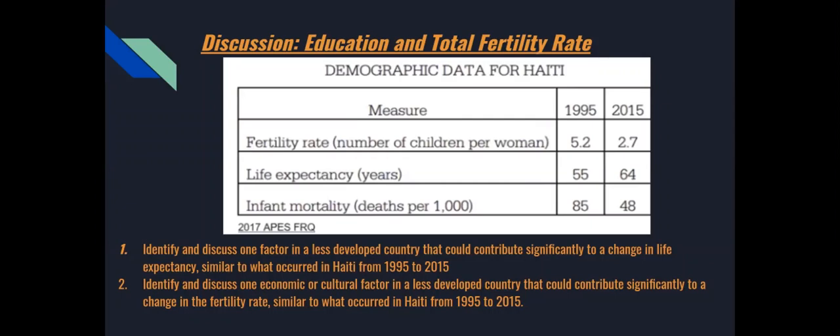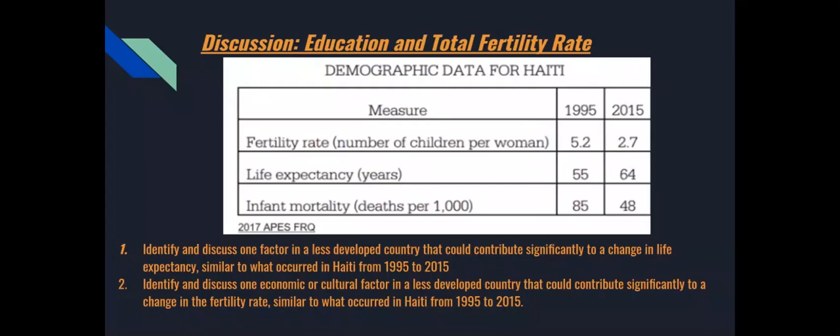And finally, we're going to look at some demographic data for the country of Haiti. For one, identify and discuss one factor in a less developed country that could contribute significantly to a change in life expectancy, similar to what occurred in Haiti from 1995 to 2015. The life expectancy in 1995 was 55 years, and in 2015, it was at 64.